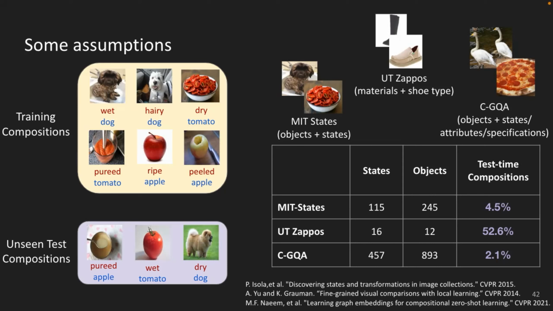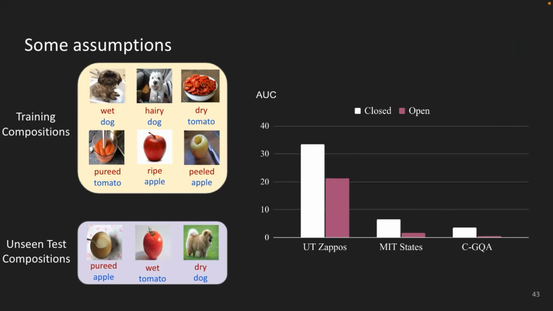Of course, if you are restricting yourself to 4 or 2% of the world's compositions, you are making your life easier also performance-wise. And this is what you get. If you test the state of the art on the closed-world setting and then on this open setting where you can include everything, performance decreases.